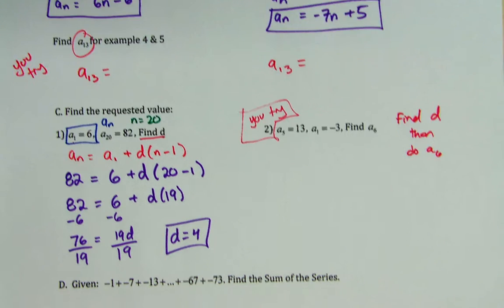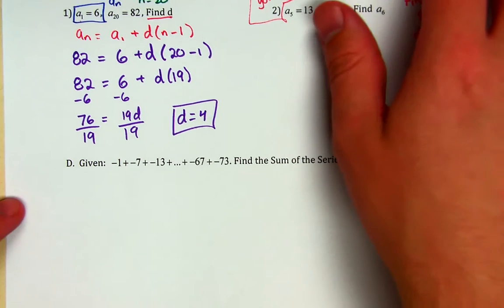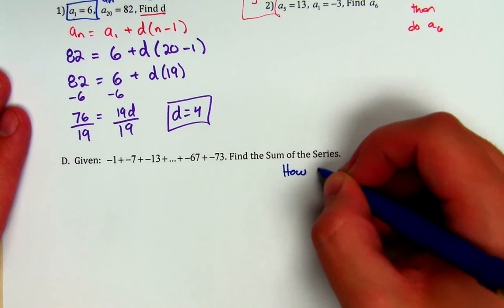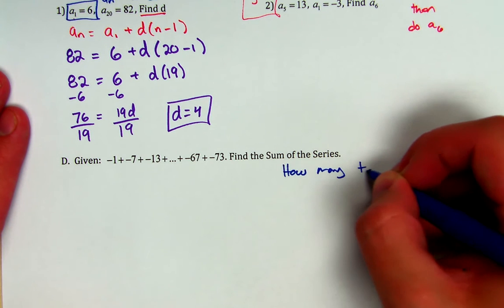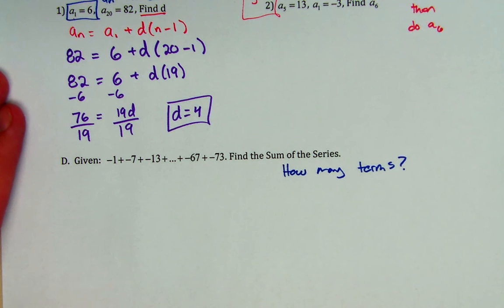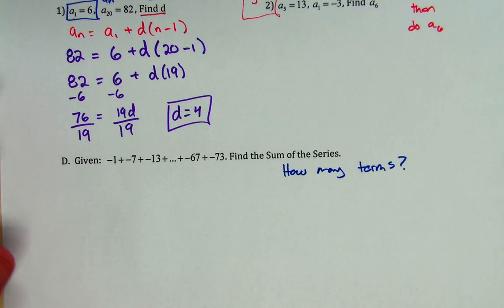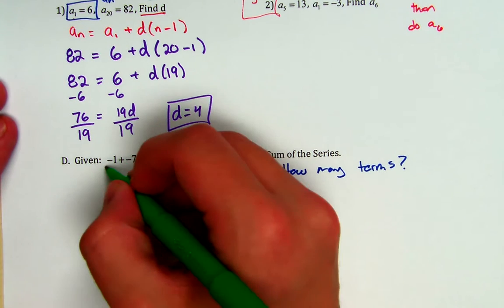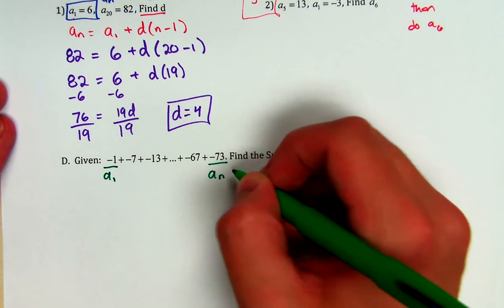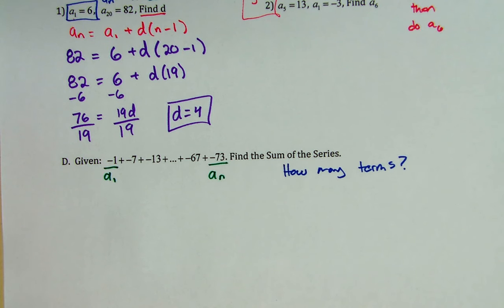Alright, last one. This one has a summation. If I want the sum of this series, I need to be able to find out how many terms. Well, I don't know. So, let's go ahead and actually find D and figure it out. Well, notice I've got A1 here. This is AN. I don't know how many terms, though.